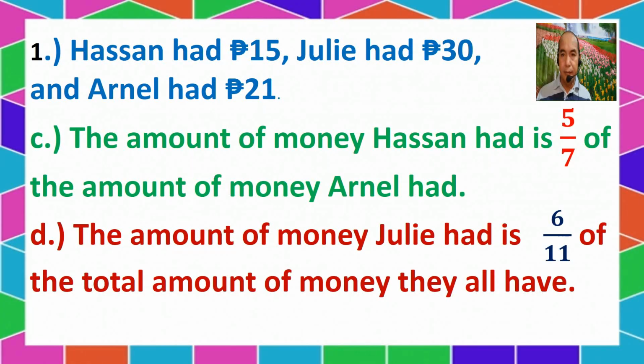Okay, so after changing our fraction to its lowest term, we will now have for letter C, the amount of money Hassan had is 5/7 of the amount of money Arnel had. For letter D, the amount of money Julie had is 6/11 of the total amount of money they all have. So this is now how we present a problem involving ratio and fraction.